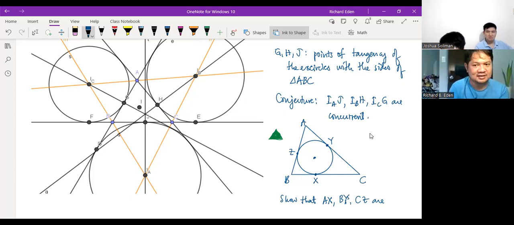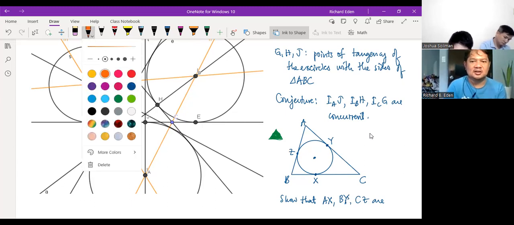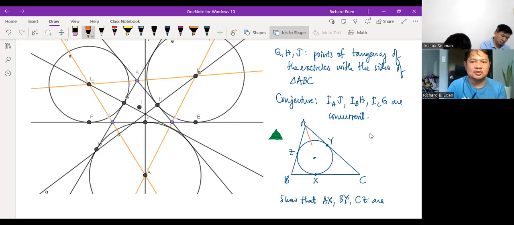Actually, we don't know that. Show that AX, BY, CZ are actually, I don't think so. Kasi ganito no. Their point of concurrency, is it gonna be the incenter? Hindi kasi ganito no. Ito nung A going to the incenter, here is AX eh.